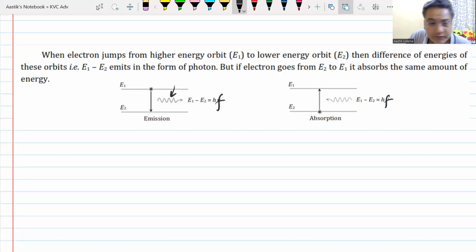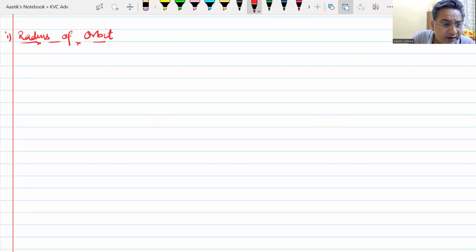Now let us move and try to get the formulae for the various things. The first formula that we are going to understand will be the radius of an orbit. Remember, all these formulas are derived from the basic equations, and we have already seen these basic equations.